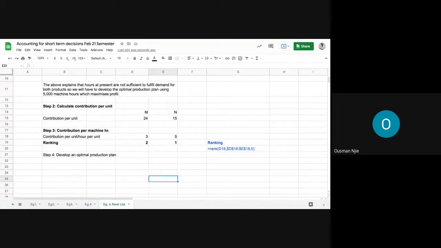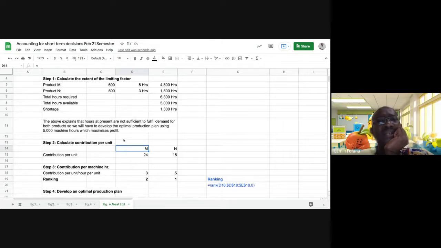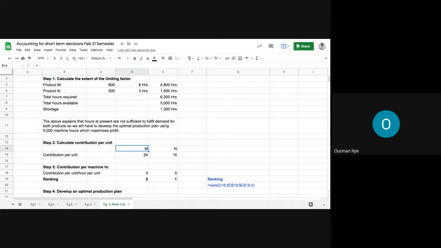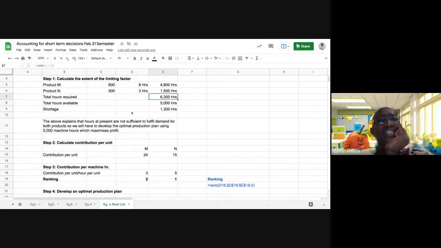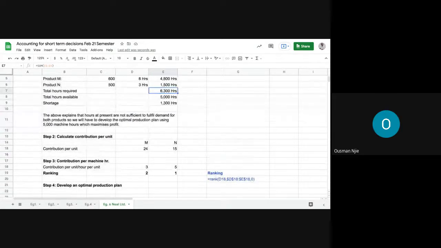In the ranking, 2 is the product M. The product M is 6,300? The 6,300 is the total hours that's required for all of them. Okay, that is the total number of hours. And this other one is 1,500. So the ranking here is given to 1,500.